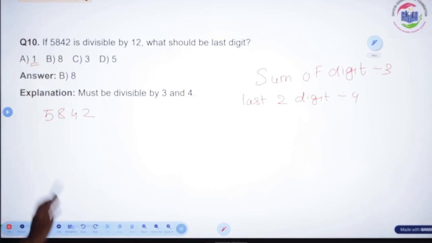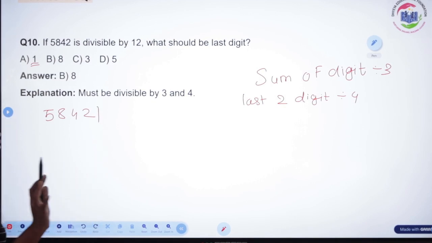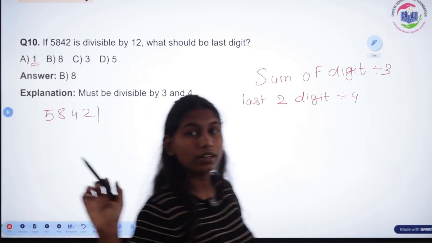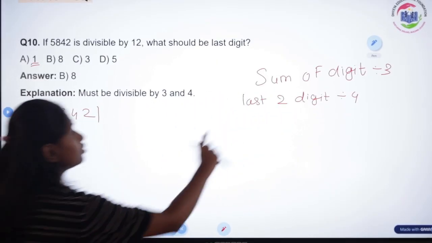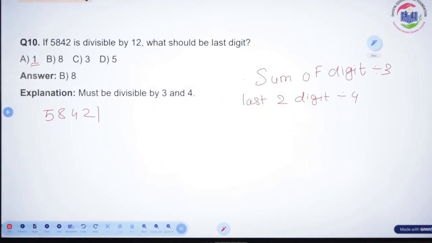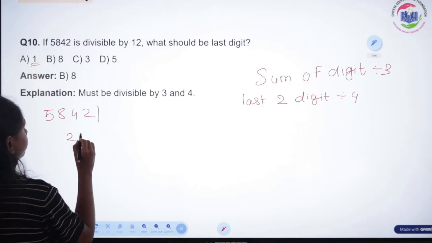So let's add the last number as 1. Now here, we will check these two conditions. If you sum all these digits, that is 5 plus 8 plus 4 plus 2 plus 1, you will get the answer as 20.